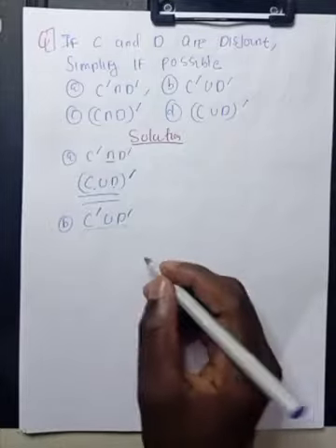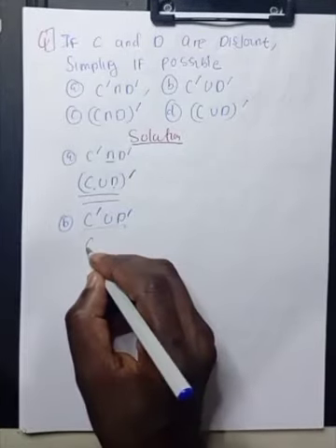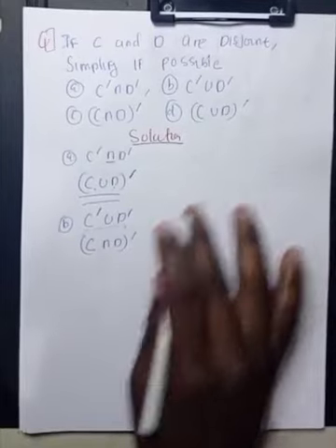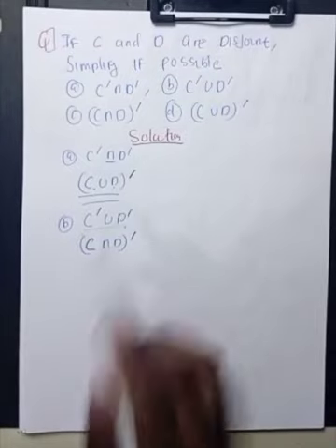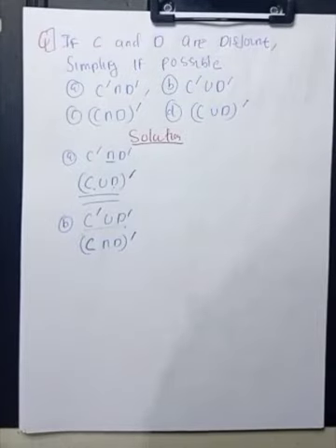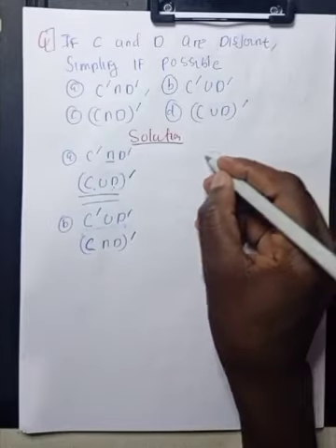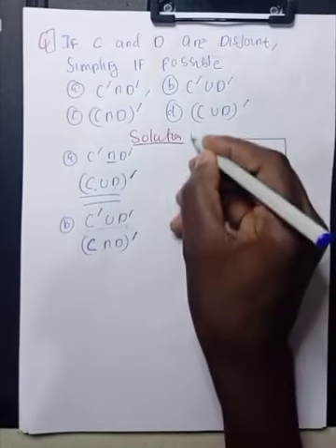Yeah, good. So we can apply De Morgan's here. We say this can be A intersection D, then complement outside. Okay? We factorize the complement. Now, C and D are disjoint. So disjoint meaning we have this set here, another set here, and then you have a universal set inside.